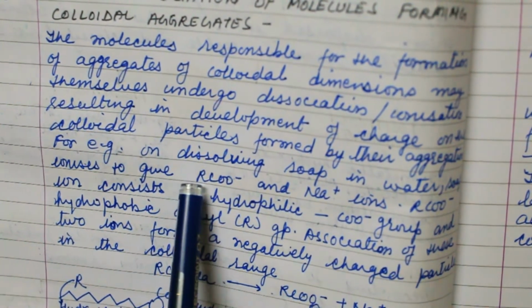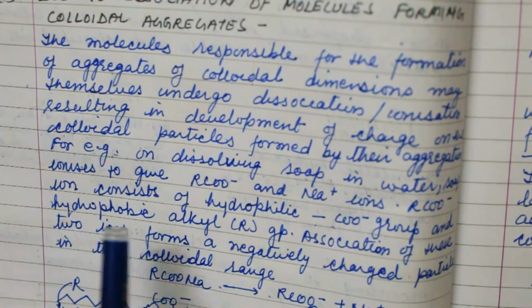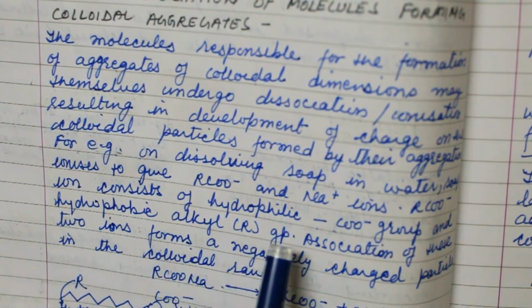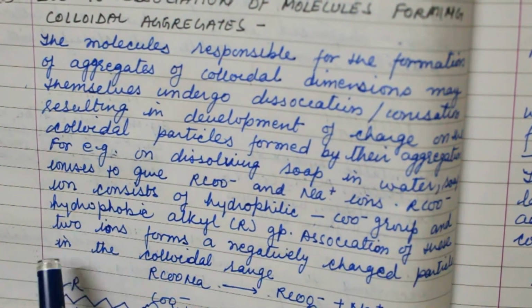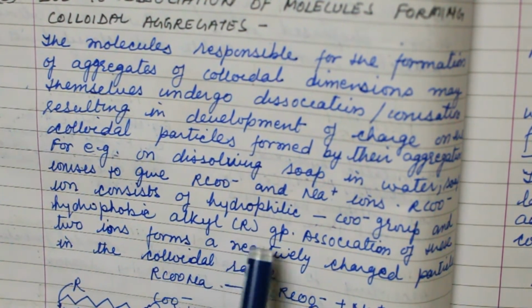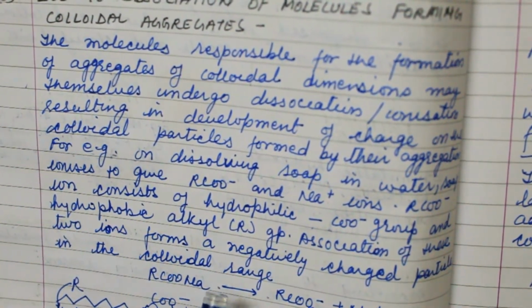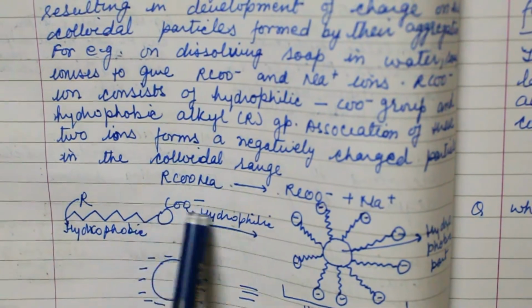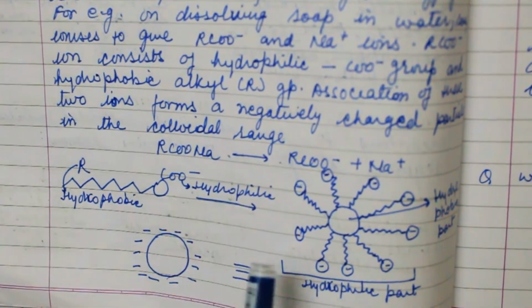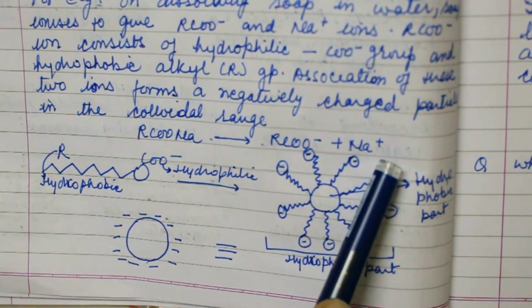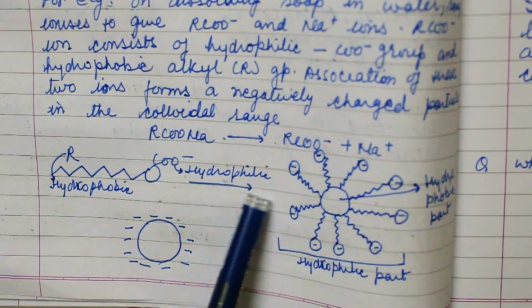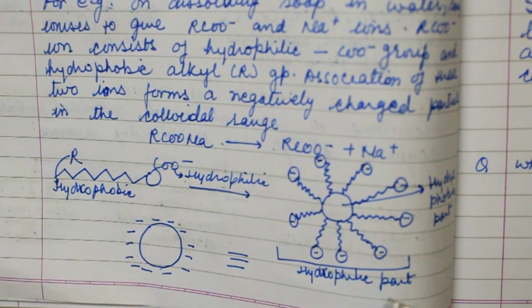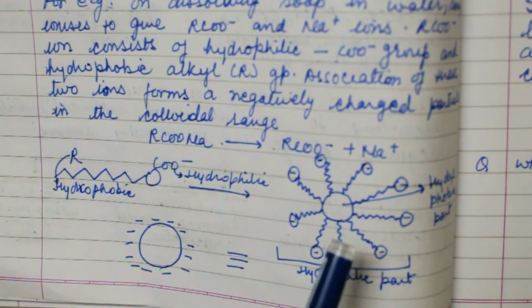They depart as both ions, and RCOO-, which has a hydrophilic COO group and a hydrophobic alkyl R group, associate to form negative charge particles in the colloidal range. This is the formula of soap. When it is dissolved in water, it dissociates into negative and positive ions. Both the hydrophilic part and hydrophobic part act together.